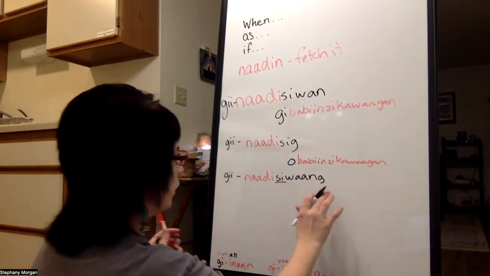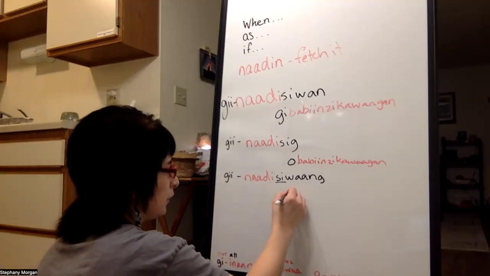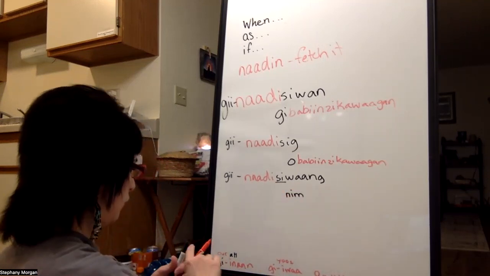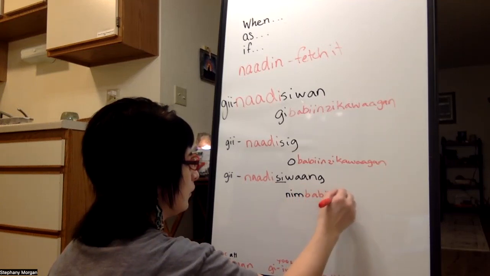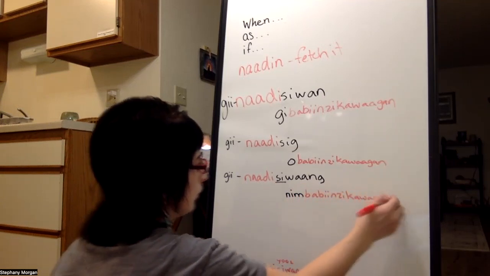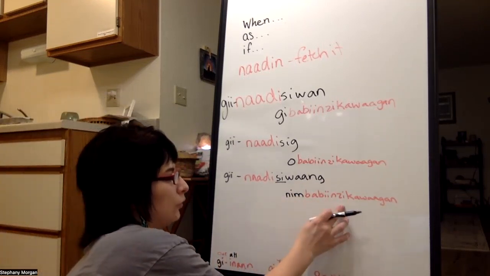E not a siwang. We have a form of nin in front because we're talking about Nina wind. Nim. But in ze kawagan. And then this says my coat right here.